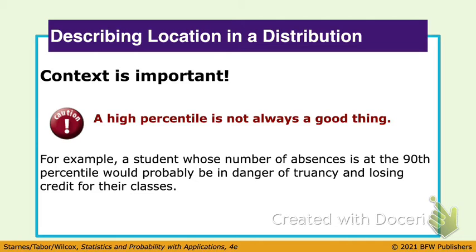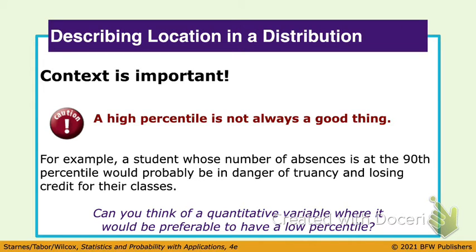A challenge here for you: can you think of a quantitative variable where it would be preferable to have a low percentile? So when would you want your percentile to be 5% or 10% or something like that? Usually that's going to be something where what you're looking at is something that is a bad thing.